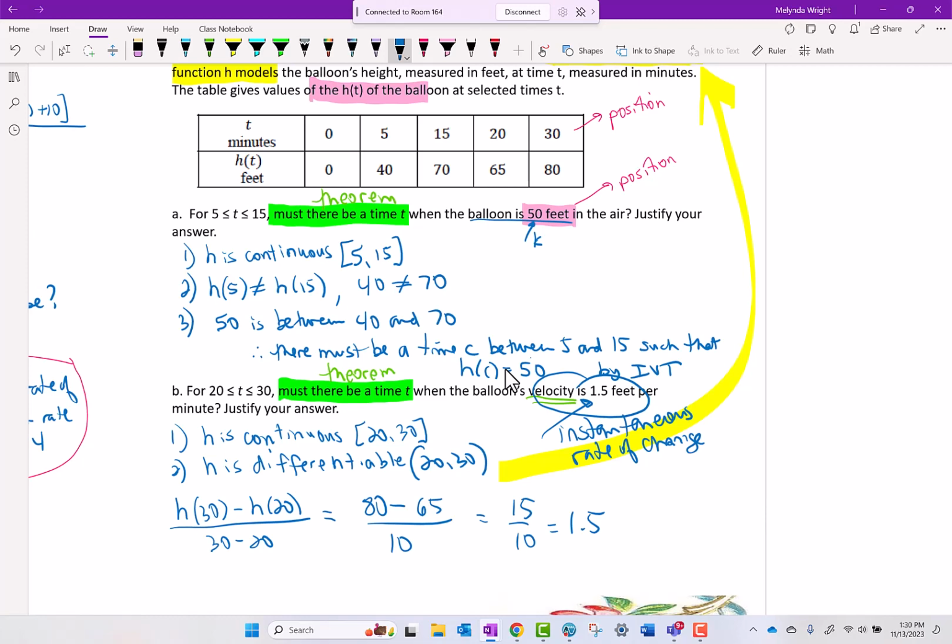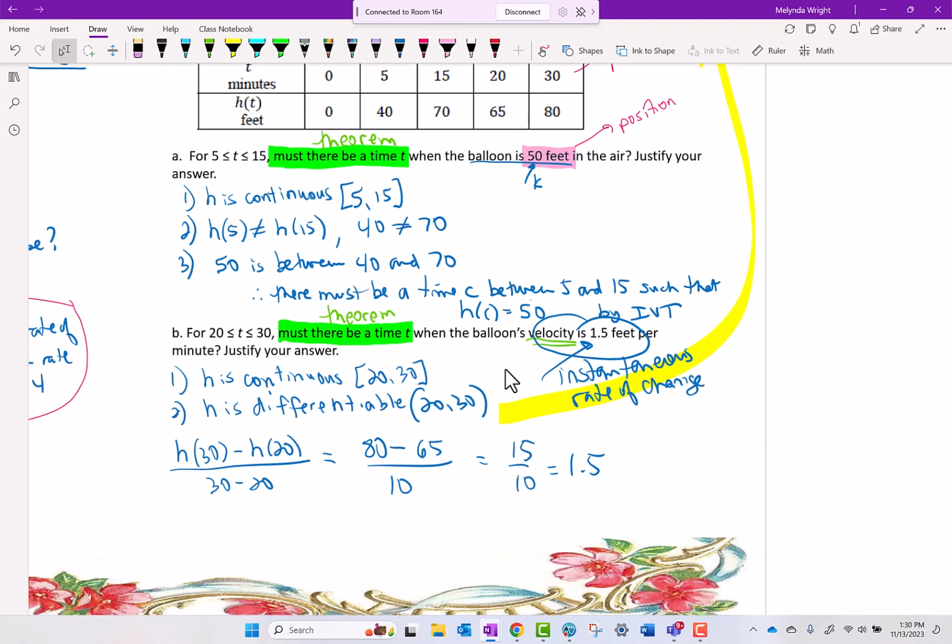So now we can say that, therefore, there must be a time t. Therefore, there must, gosh, I can't write.